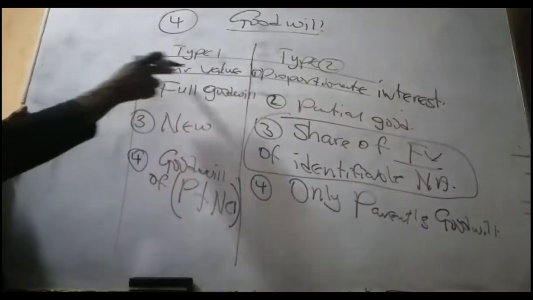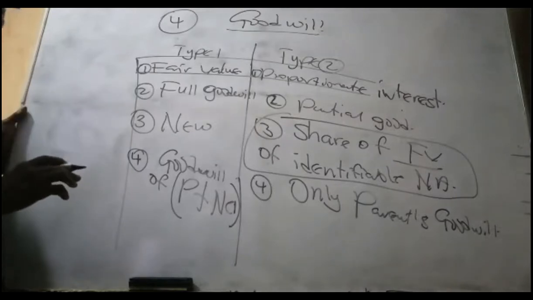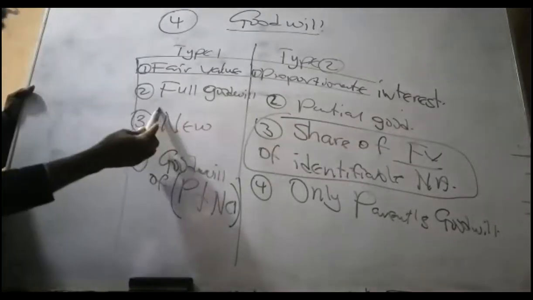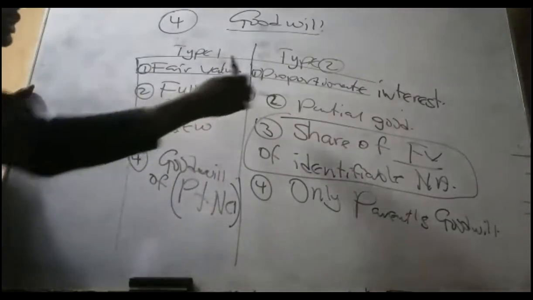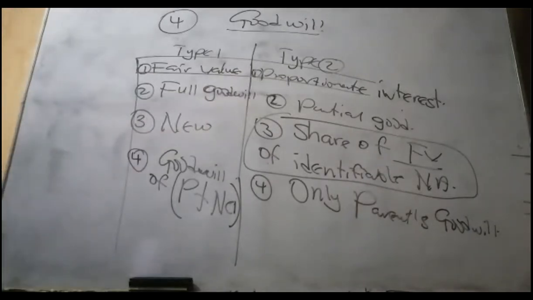Let them tell you fair value model. Even though there's fair value here, this is not the fair value model. Type 2 is the proportionate interest method, which is for only the parent, the parent's share of the identifiable net asset. We are done.